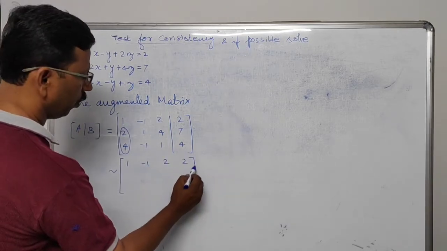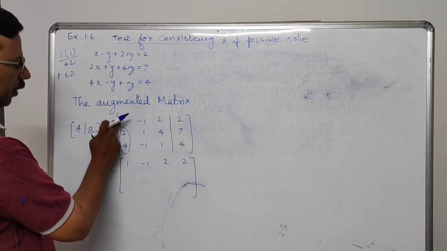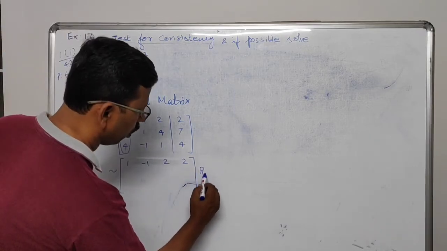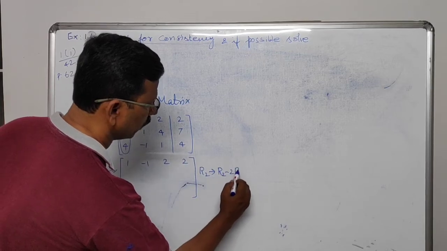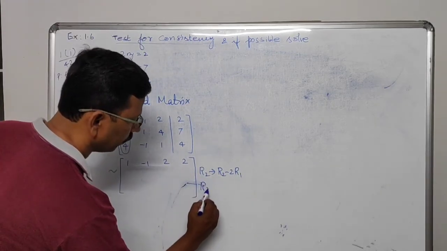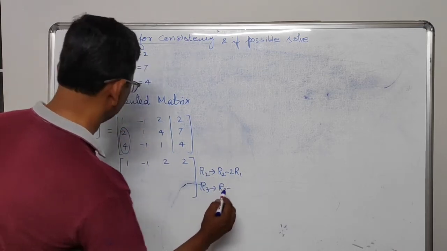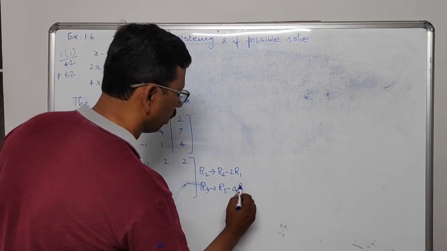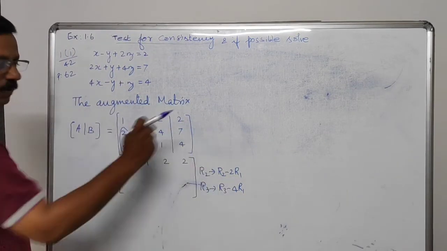Now for the second row, if this is 2, this also must be 2. Therefore you can write the new R2 as R2 minus 2 times R1 because they have the same sign. Similarly for R3 we write R3 minus 4 times R1, because this is 4, this must be 4, and they have the same sign, therefore you are subtracting.